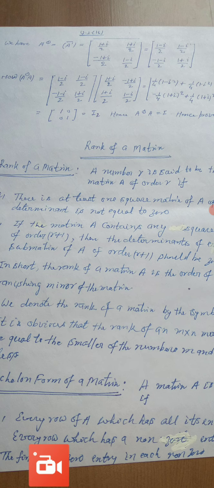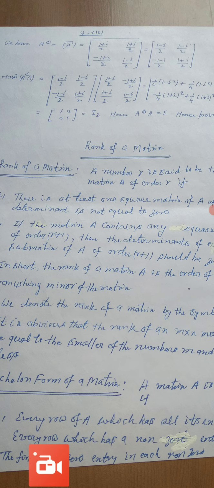This is a very simple definition, and we denote the rank of a matrix by the symbol rho A.